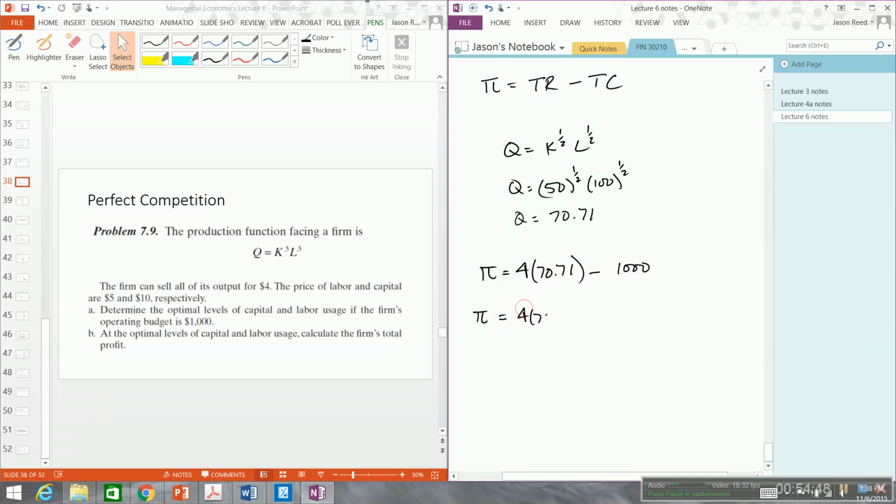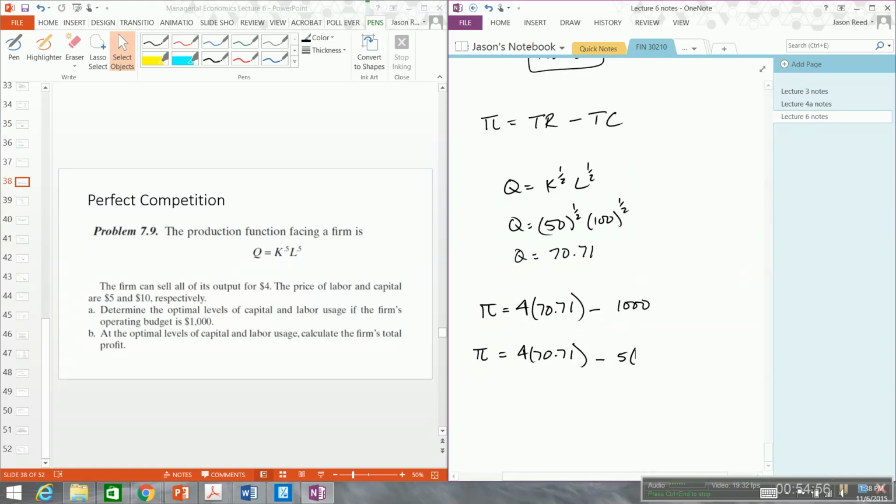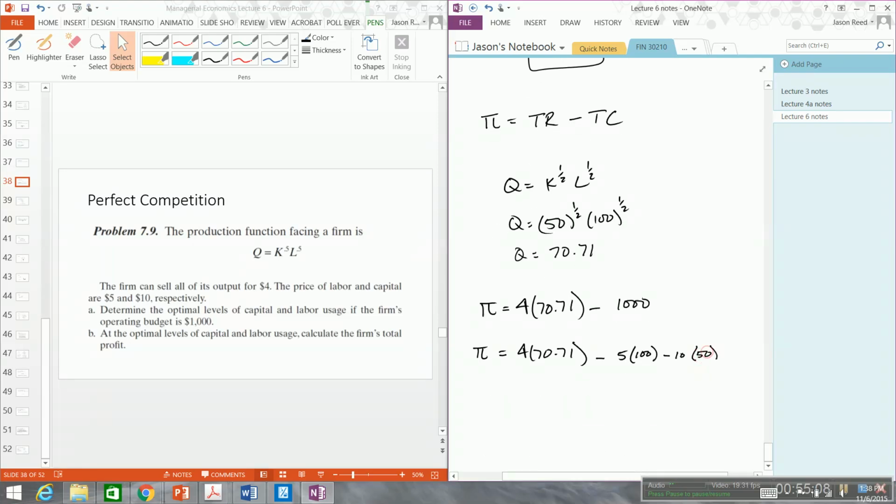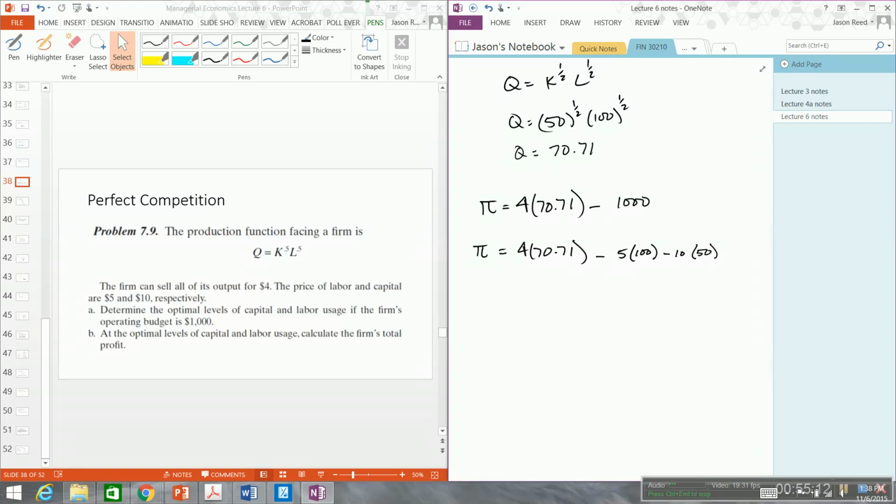So profit is equal to 4 times 70.71 minus 5 times the amount of labor we use, 100, minus 10 times the amount of capital we had, 50, and so now we are going to get profit is equal to our total revenue, which is going to be 282.84 minus 1,000, which we get negative 717.16.